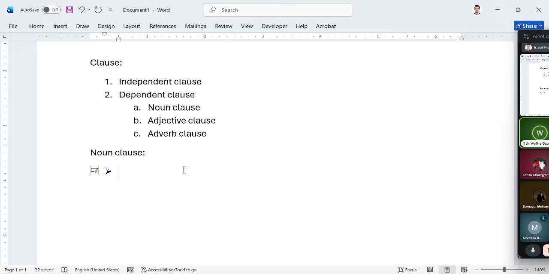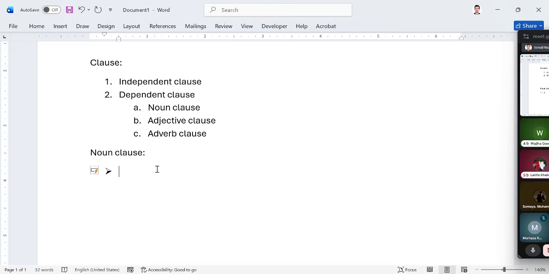Noun clauses are groups of words which have a subject and also an object, and we could say that they usually start with who, that, if, how, what, whether, and why. In the noun clause we have whether or if, wh-words, and also that.